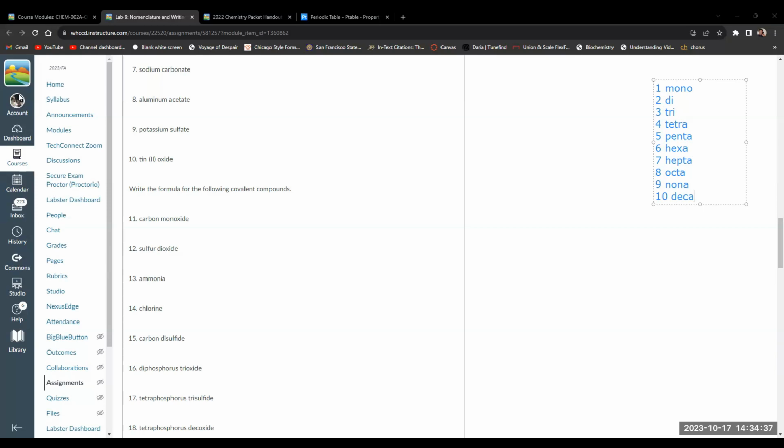All right. Prefixes. So let's look at the first one. Carbon monoxide. We know the first part's carbon, C. Oxide. So remember the IDE rule?